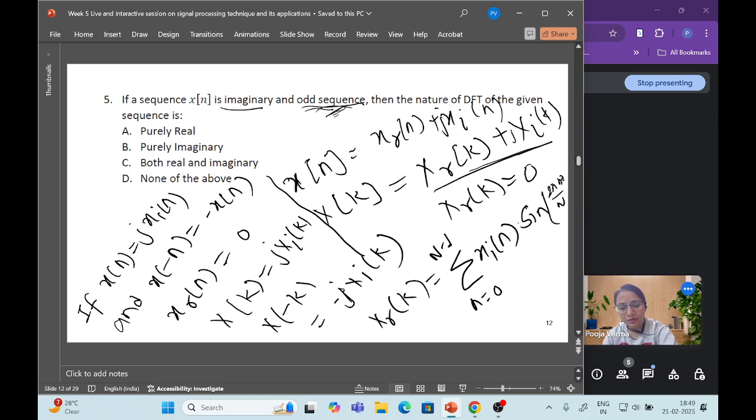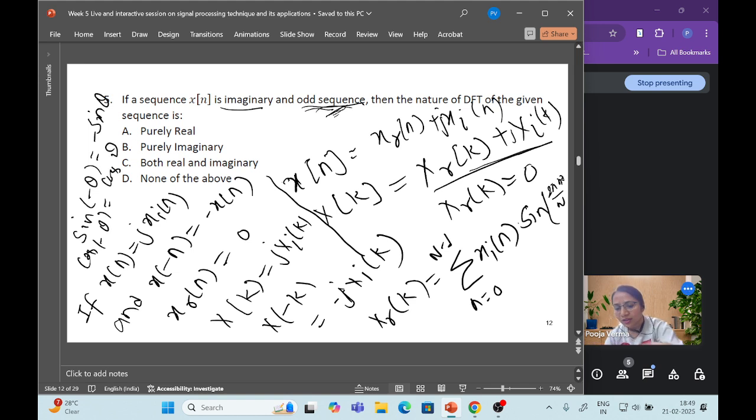Sine of minus theta will be minus sine theta, and cos of minus theta will be cos theta only.